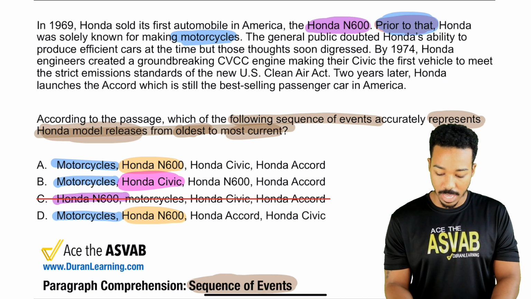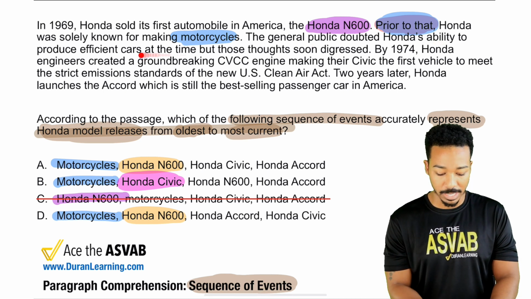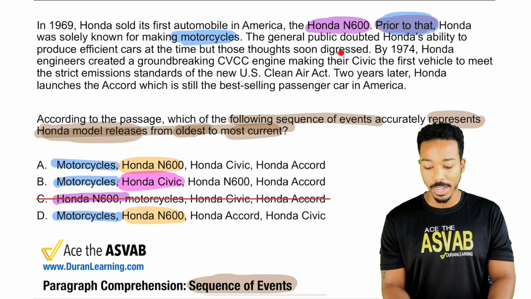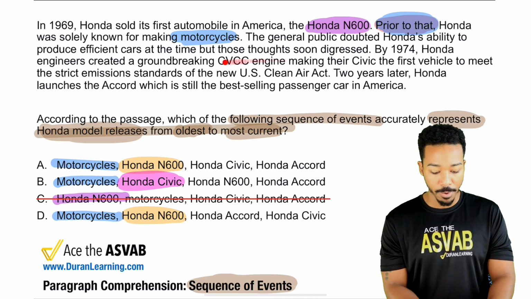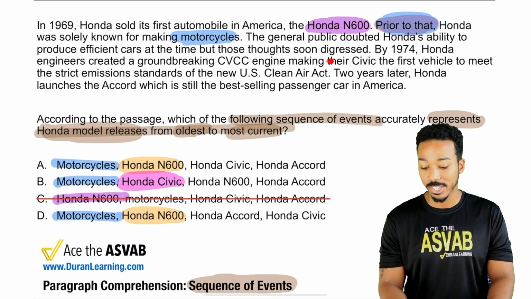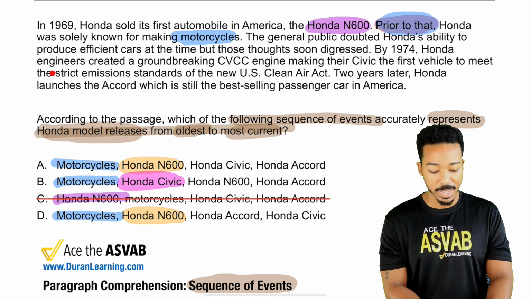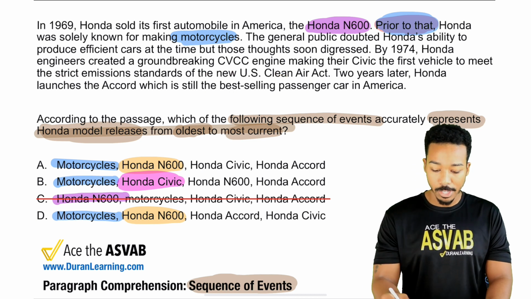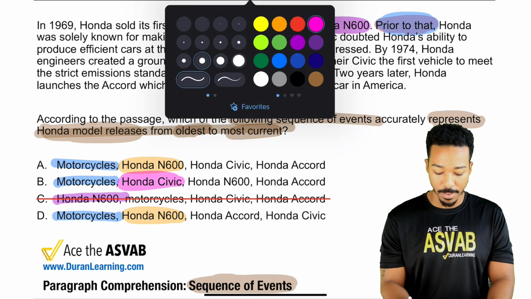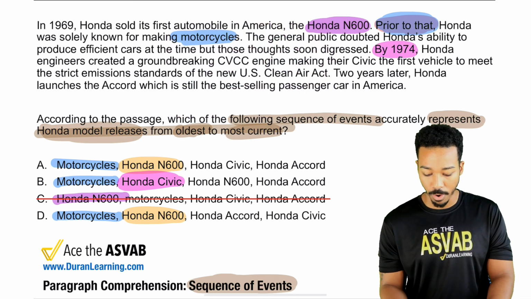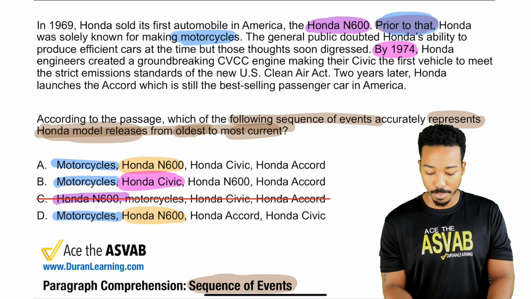So we see here that the general public doubted Honda's ability to produce efficient cars at the time, but those thoughts soon digressed. By 1974, Honda engineers created a groundbreaking CVCC engine, making their Civic the first vehicle to meet the strict emission standards of the new U.S. Clean Air Act. So let's just go ahead and highlight some things before we feel like we're getting overwhelmed. It says by 1974, Honda had the groundbreaking engine, Civic.